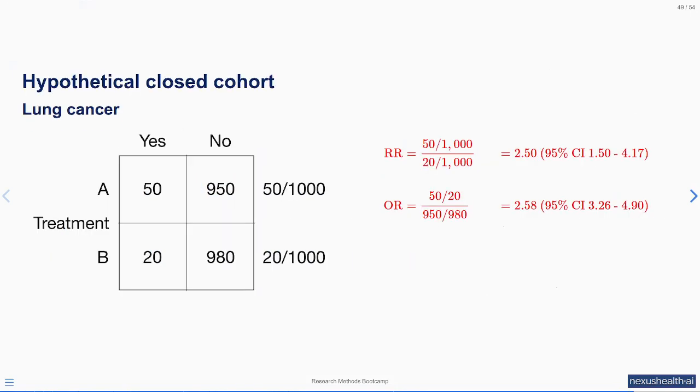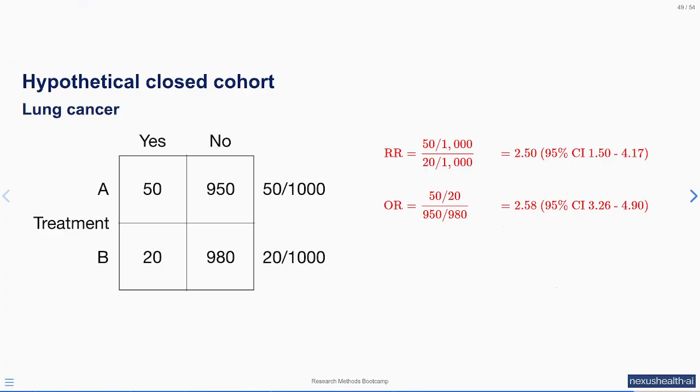So let's look at this hypothetical closed cohort that we have, 2,000 individuals, and they're treating them for lung cancer, comparing two treatments, A and B. Those who received treatment A, we had 50 people developing the outcome that we're interested in, yes.